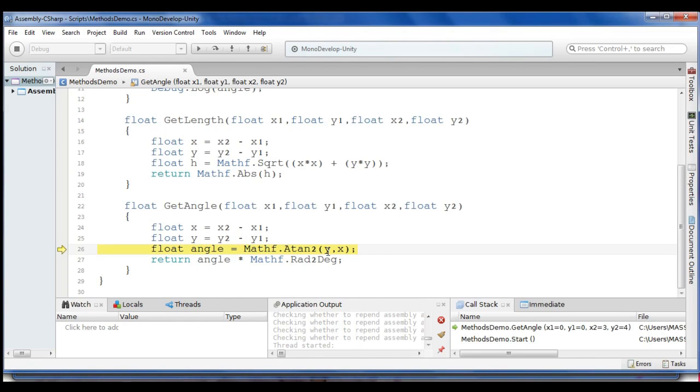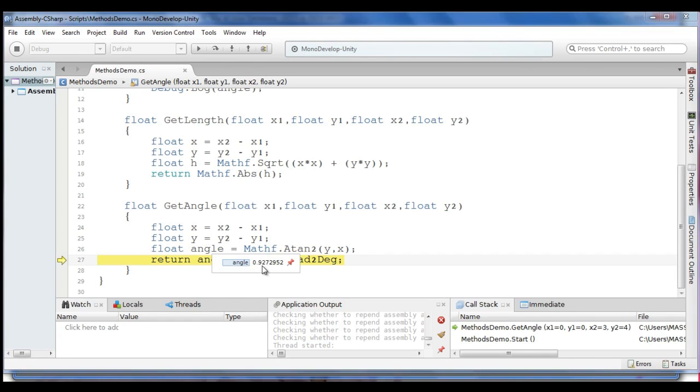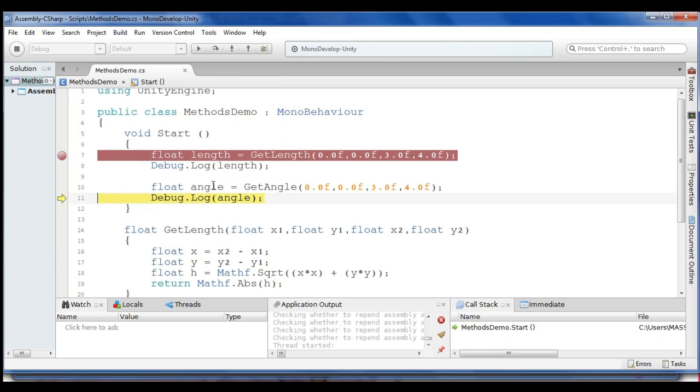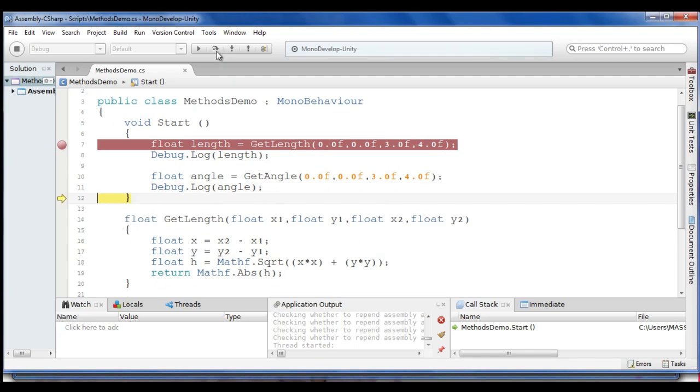Here we pass 4, 3. We get the angle in radians. The angle that we have got is 0.92 something. We convert it to degrees, and we get the result as 53 point something. That comes back, and we display it on the screen.